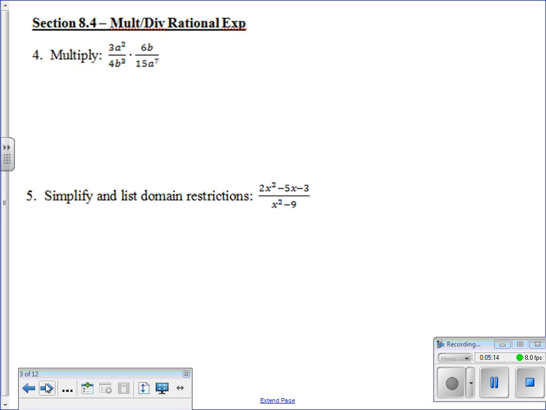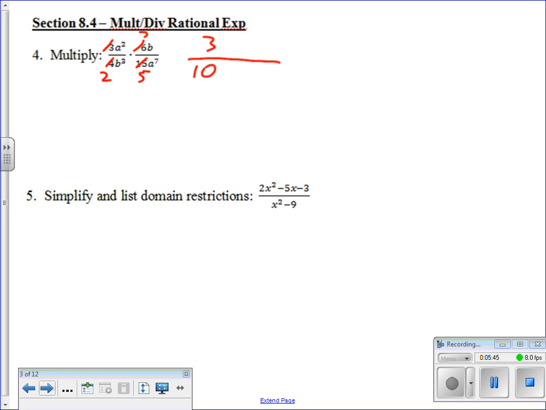Okay, I look at this and I go, 3 goes into 15 5 times, and 4 over 6 they reduce. 2 goes into 4 twice, 2 goes into 6 3 times. So my numbers give me 3 over 10. Does that make sense? So I just do the numeric portions like any fraction.